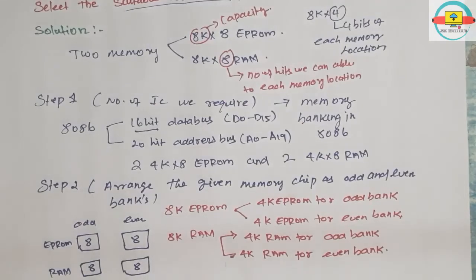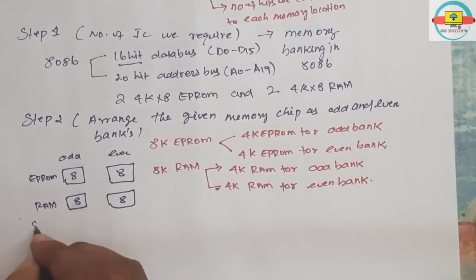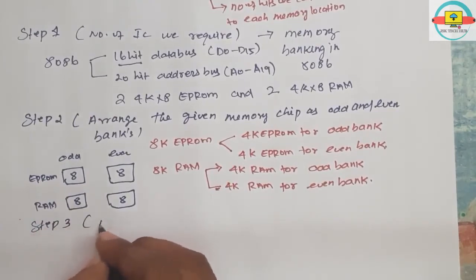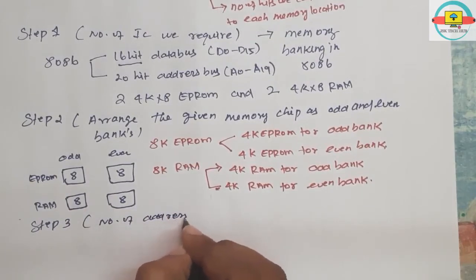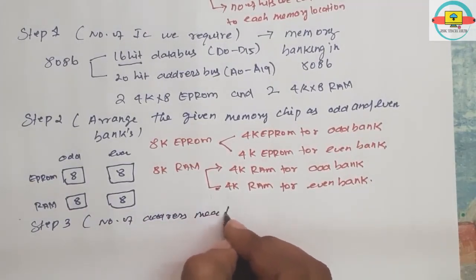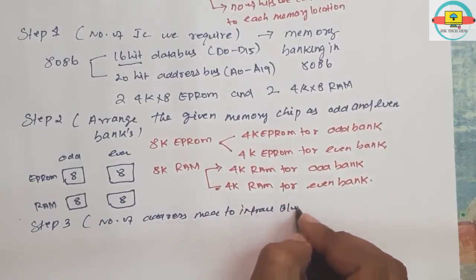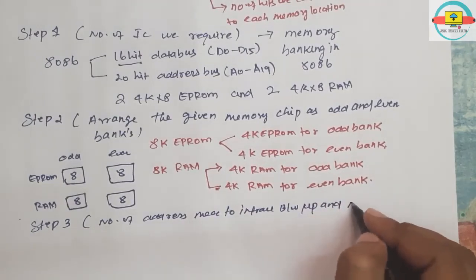Step 3. Calculate the number of address lines needed to interface between microprocessor and memory.